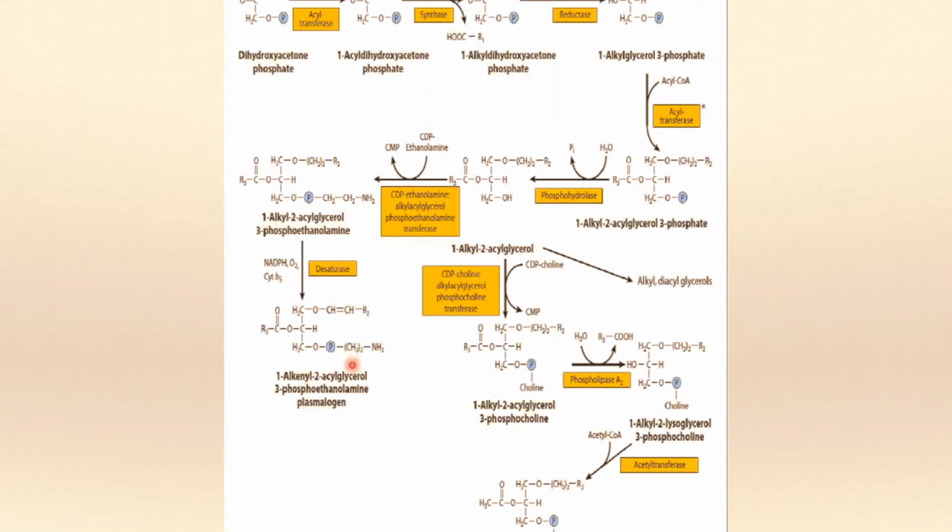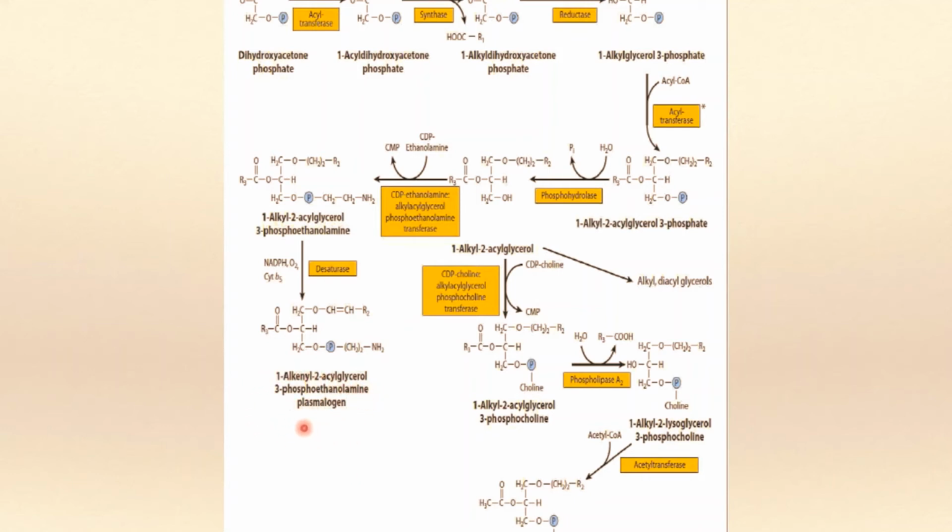glycerol 3-phosphoethanolamine. That is one more intermediate, and this 1-alkyl 2-acylglycerol 3-phosphoethanolamine subsequently undergoes the desaturation reaction. Again, utilizing NADPH as a cofactor, it requires cytochrome b5 for this reaction and it forms the plasmalogen.